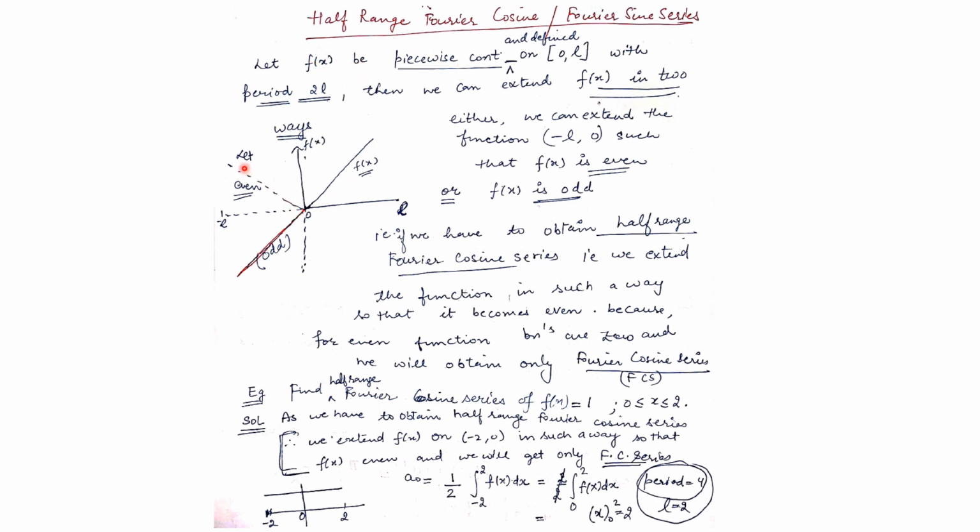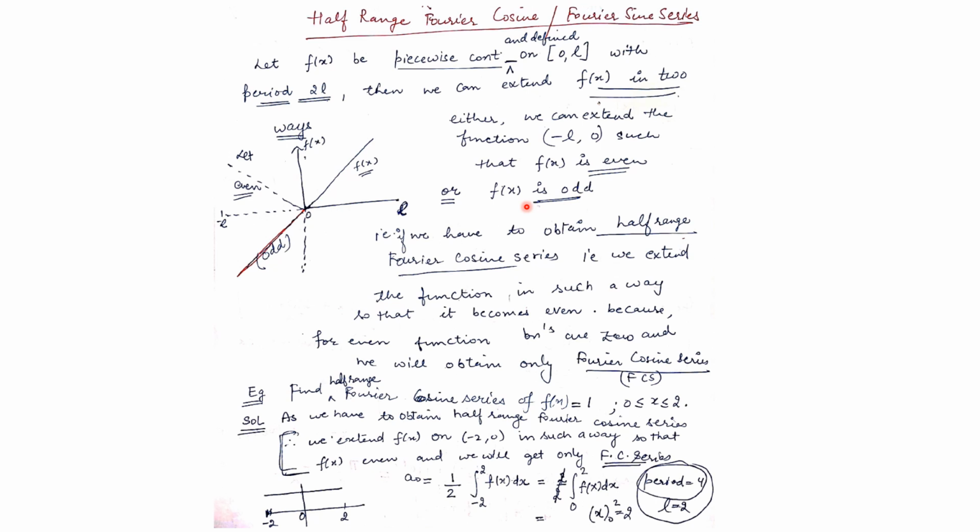Either we can extend the function from minus L to 0 in such a way that our function is even, or we can extend the function to be odd. As in the previous slides we have already done, whenever our function is even we will get only cosine series. Whenever our function is odd we will get only sine series.